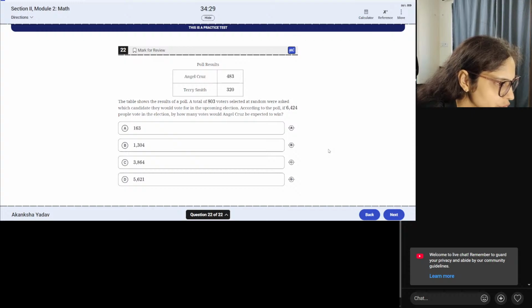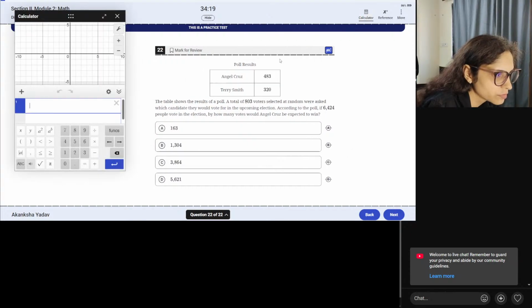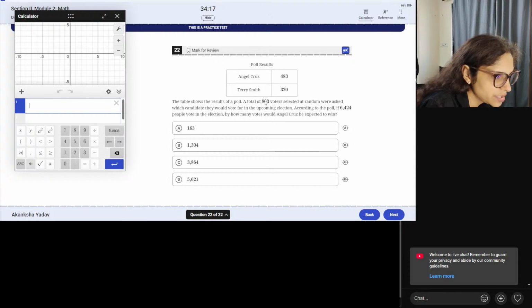6,424 people vote in the election. By how many votes would Angel Cruz be expected to win? So they have asked 803, but a total of 6,424 people are going to vote.